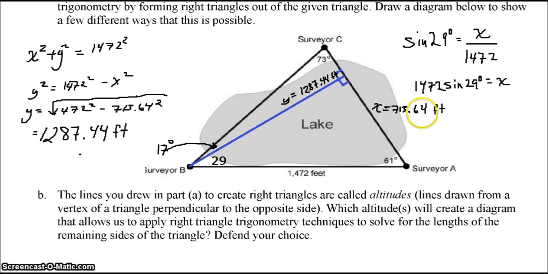Now looking at this triangle, I could say take the sine of 17 degrees, and that would equal this little piece, let's call it z. Actually, we don't know the hypotenuse, so sine wouldn't be a good choice. We could take the tangent of 17 degrees. That would be opposite over adjacent, so it would be z over 1287.44.